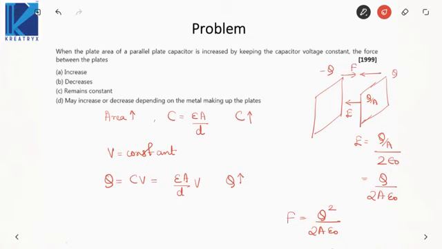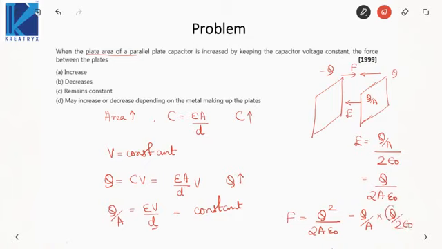Okay. Now here if you see Q by A, it is epsilon V by D. It is constant because neither are you changing the voltage nor the distance between the plates. Only you are increasing the plate area. So it can be written as Q by A into Q by 2 epsilon naught.